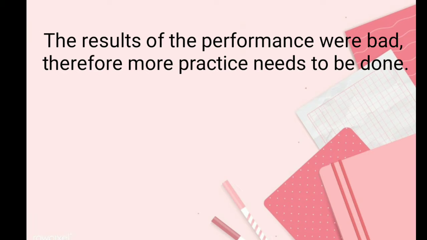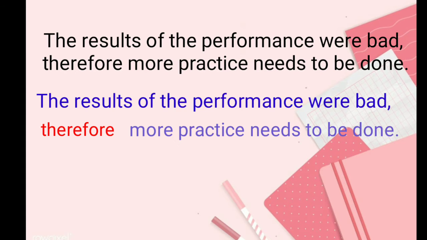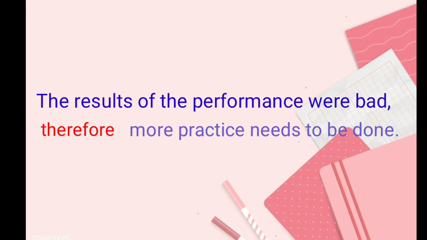The results of the performance were bad, therefore more practice needs to be done. Now, here in the example, sentence 1 is followed by a transitional expression or conjunctive adverb, therefore, and then followed by sentence 2.